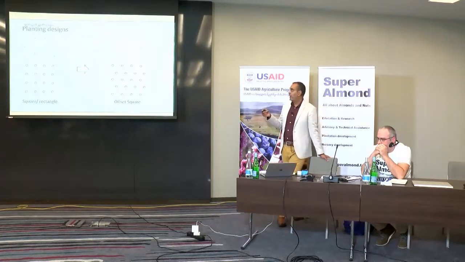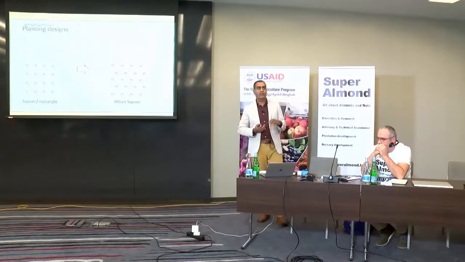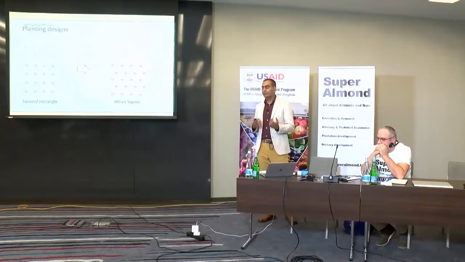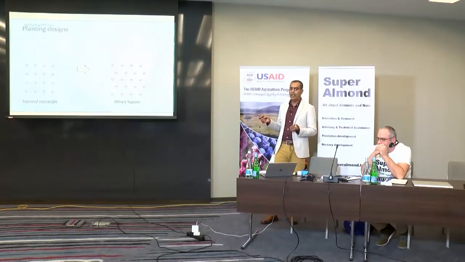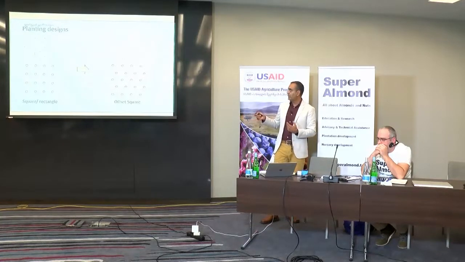Because remember, in a traditional planting in California, we have self-incompatible varieties. So they are cross-pollinated, so they need bees. And every row is a different variety. This is variety A, variety B, variety A, variety B. So these trees are pollinating these trees and these trees.